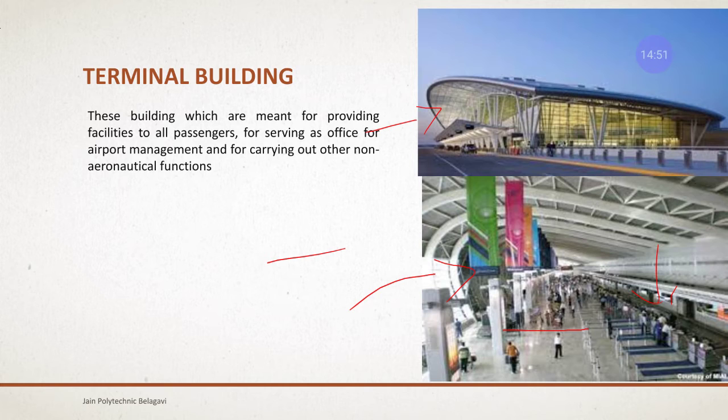All those things will be managed in these terminal buildings, because a huge number of people will be traveling through the aircrafts or air transport facilities. So managing all those facilities is also a huge task. For them, a large area is required. So this building renders these services for the airport management.